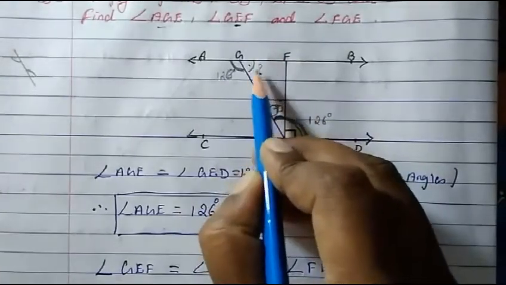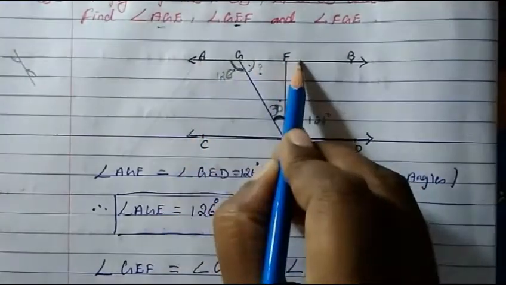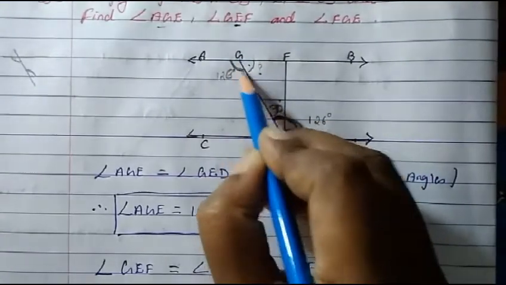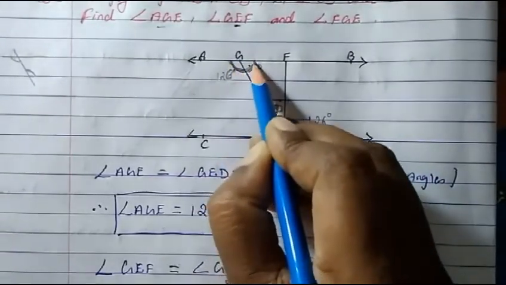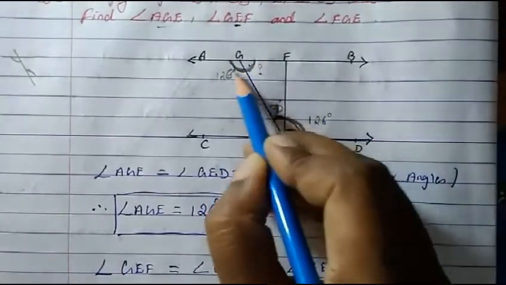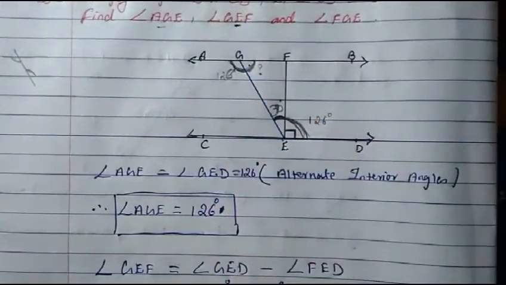We found out this, we found out this. Now we have to find out this. This is very easy because this is a straight line, and there is one arm here. So the whole thing will become 180 degrees, because this is a linear pair of angles. Linear pair means it is always 180 degrees.